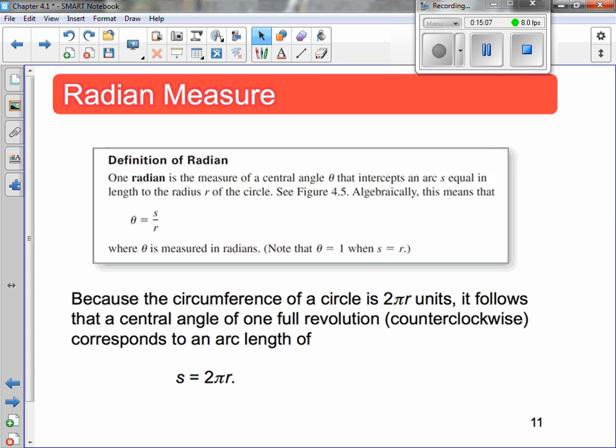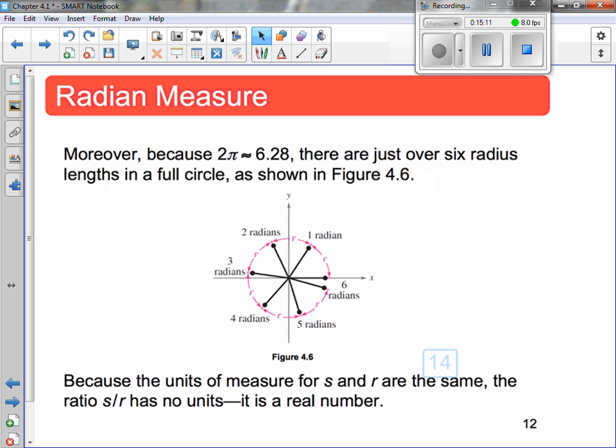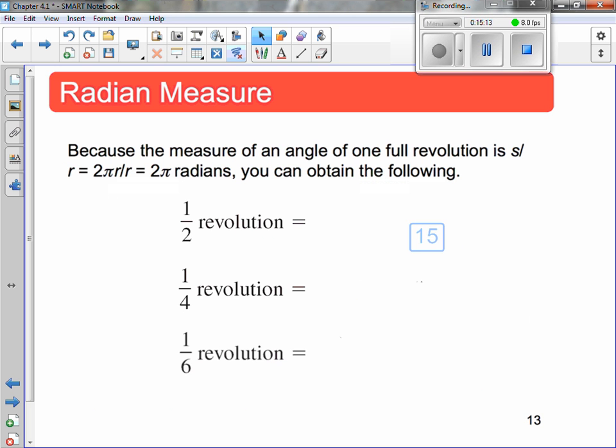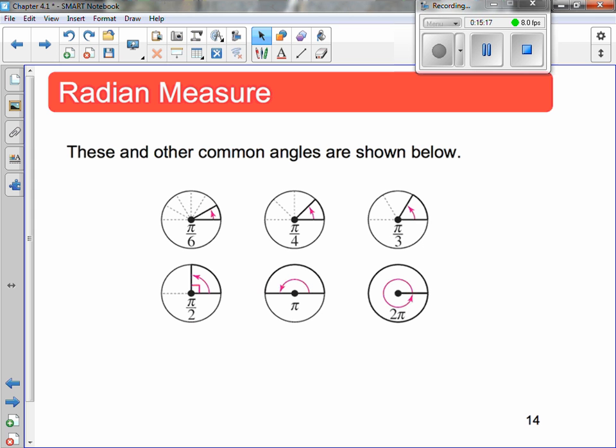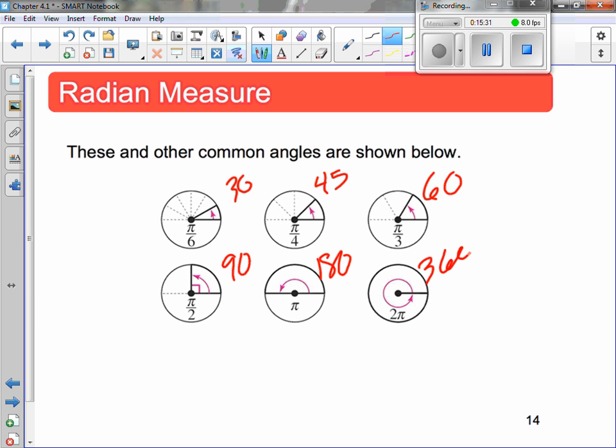This really talks about our radians. We contain the following: pi over 3, pi over 4, pi over 6, which you believe is 30, 45, 60, 90, 180, and 360 degrees.